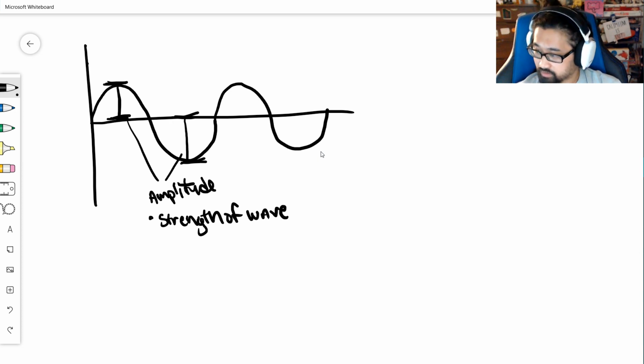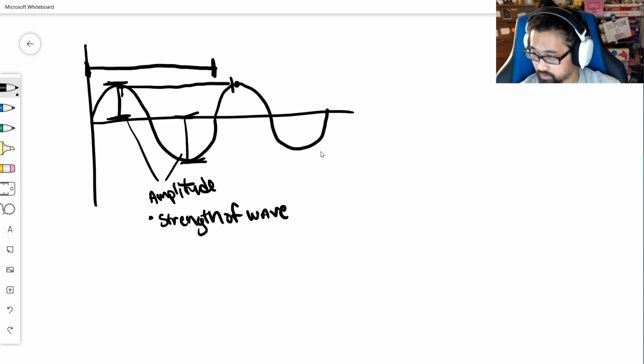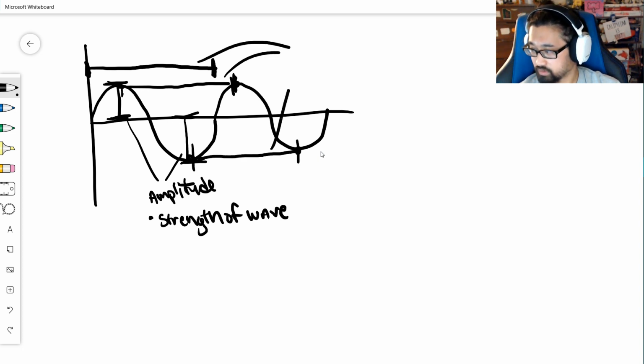The distance from here to here, for one up-down section, or from top to top, or from bottom to bottom, all of those are considered one wavelength.